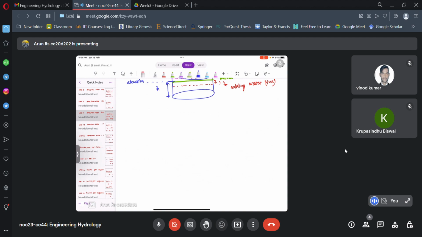So now we need to compute the daily pan evaporation and total evaporation.